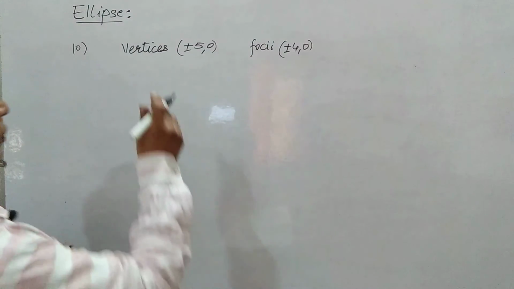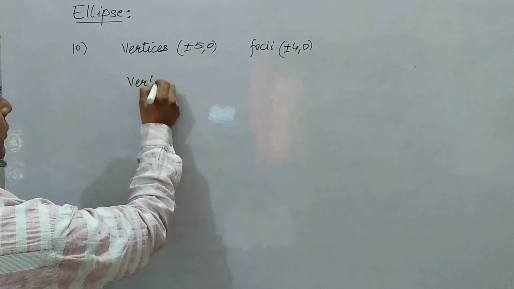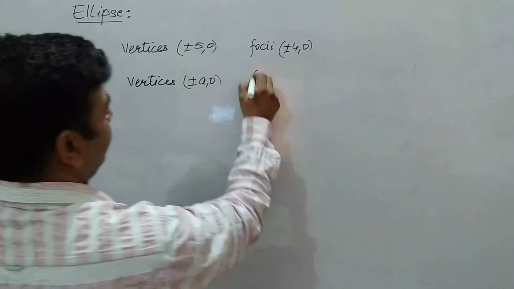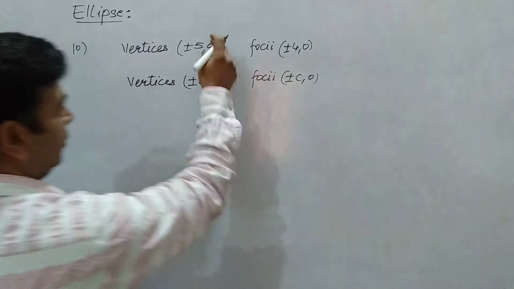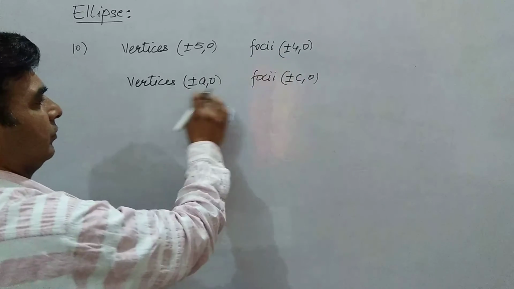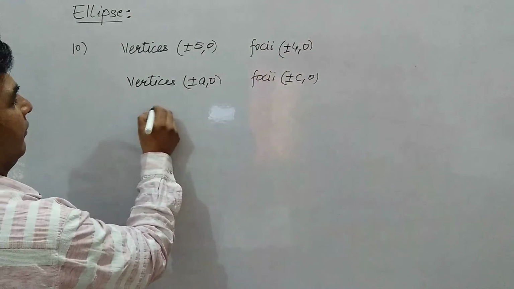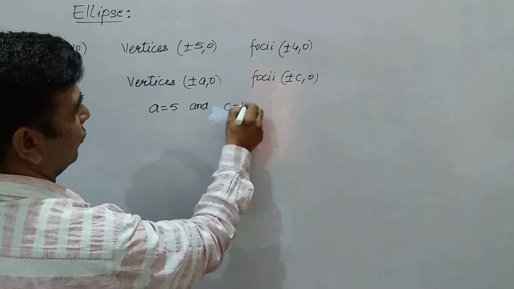Now we know very well in case of horizontal ellipse the vertices are always given by plus minus a comma 0 and the foci are always given by plus minus c comma 0. So by given condition and the standardization of the given vertices and foci, we obtained that the value of a is 5 and the value of c is 4.